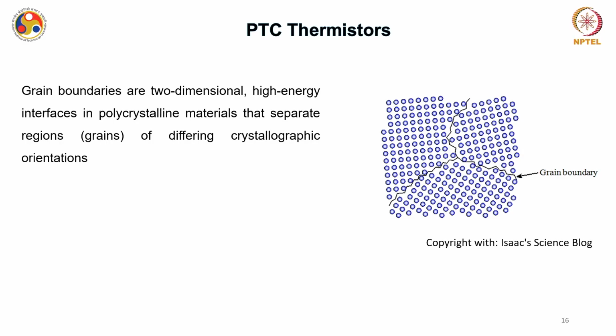So, grain boundary is, you can say, that kind of defect present in any crystal, and it is actually, as I have mentioned, two-dimensional in nature, high energy interfaces in the polycrystalline materials which separate different grains of differing crystallographic orientation, and one of the examples is shown here. You can see here that I am calling this grain 1 in a crystal.